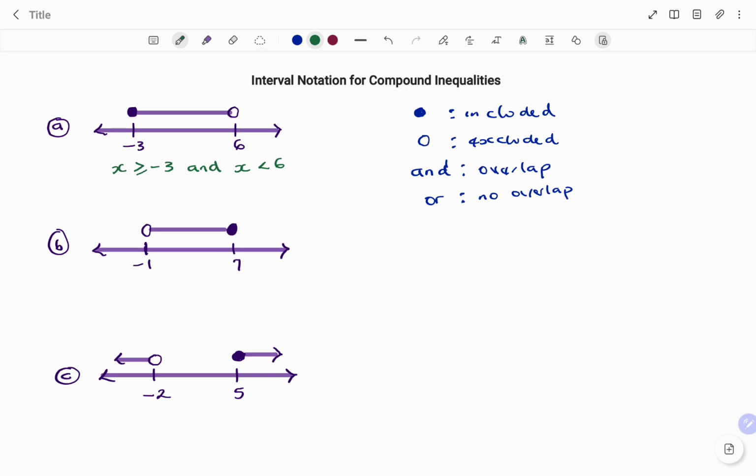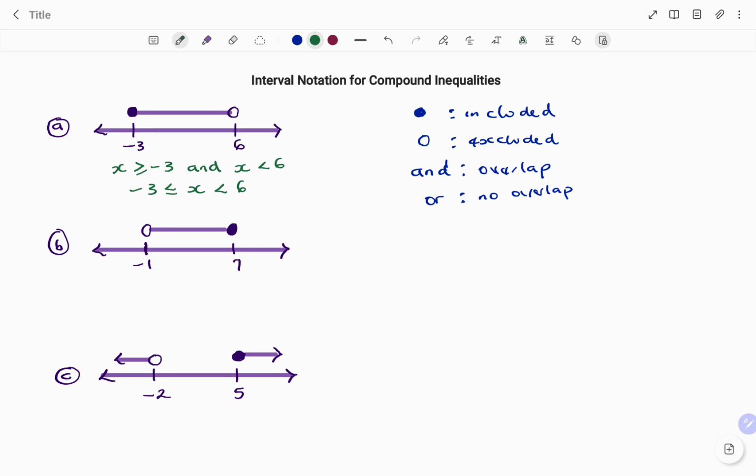It's an open circle, so there's no equality sign. To rewrite this, I can say that -3 is less than or equal to x, and x is less than 6.